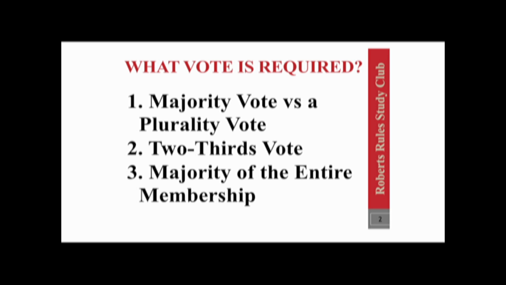It is defined as more than half of the votes cast by persons entitled to vote, excluding blanks or abstentions. Abstentions confuse boards. They want to count abstentions. They're non-votes. You don't have to count abstentions.